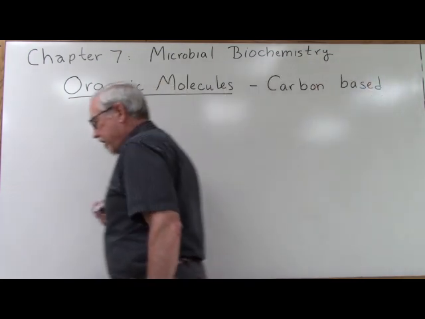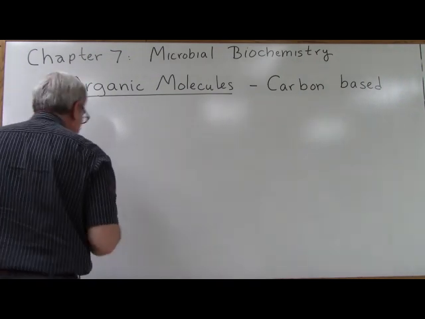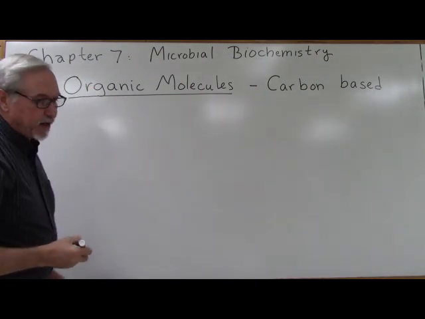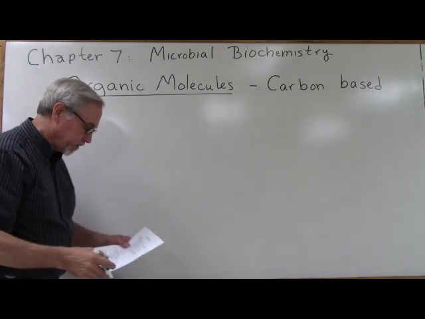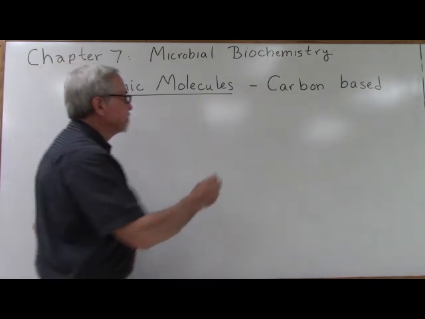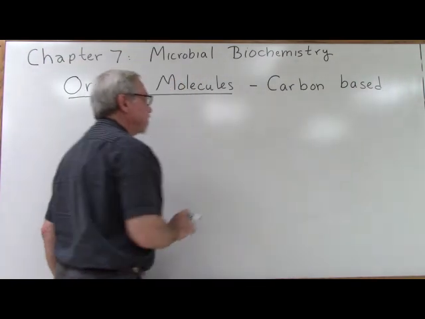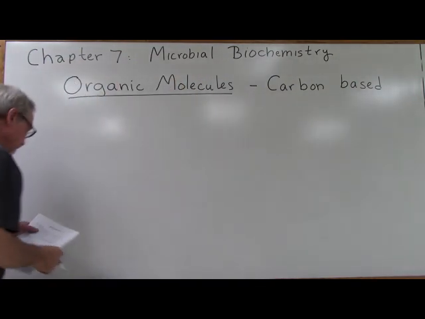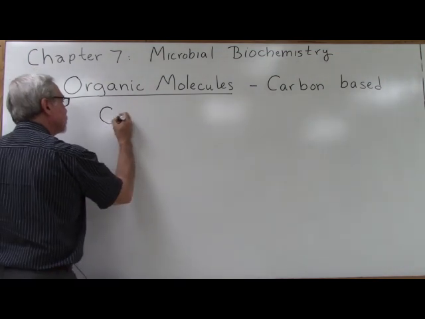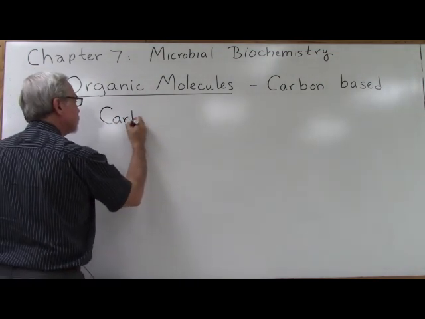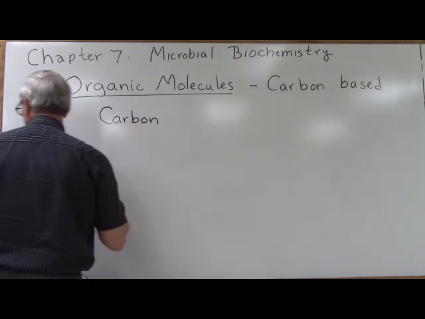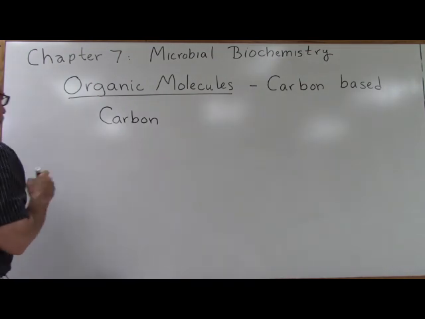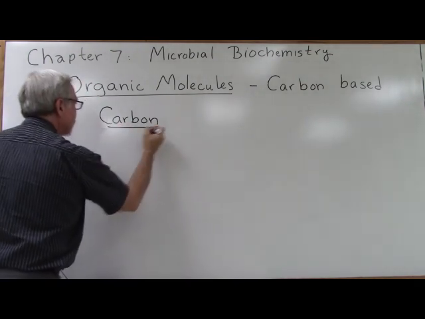In order to understand how organic molecules are constructed and how they interact with other organic molecules, we have to know something about carbon. If you look at a periodic table of the elements, it's sort of in the top right.